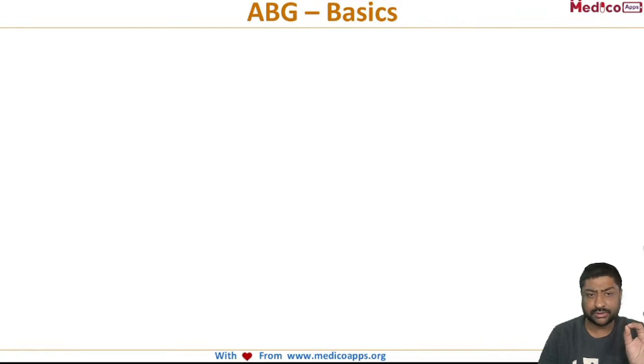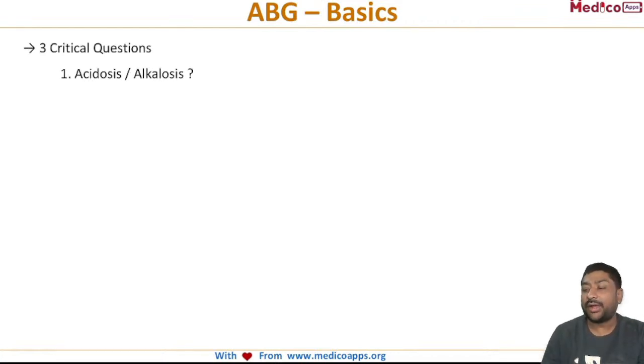The first basic question is whether we are looking at a case of acidosis or alkalosis. Very simple. Then, once we have decided it is acidosis or alkalosis, the second basic question is whether it is a respiratory pathology or metabolic.